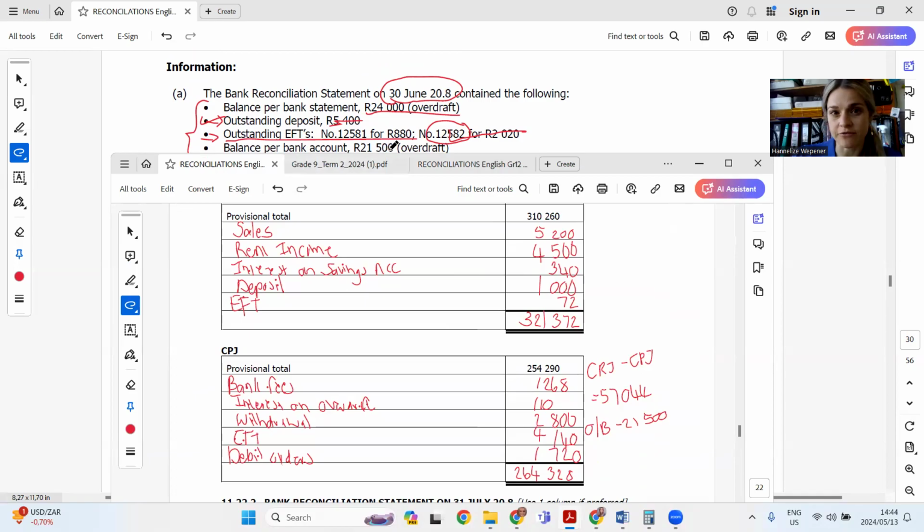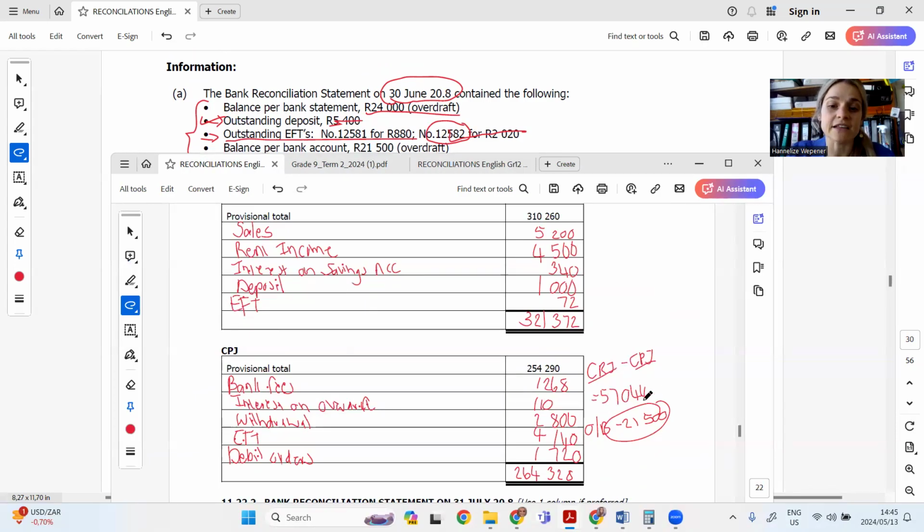Right at the beginning of this question, they told us that we have a bank account with an overdraft of 21,500 Rand. So, in other words, we started our month on a minus 21,500 over there, right? So, what did we get in, or what was the outflow of cash for the current month? It is your CRJ amount that you received minus the CPJ.